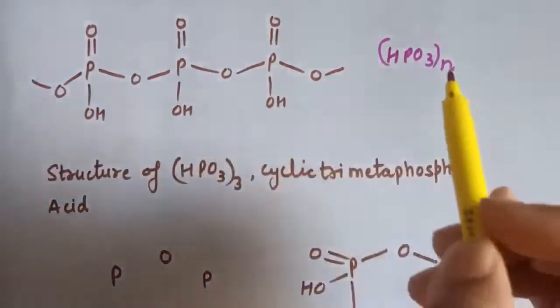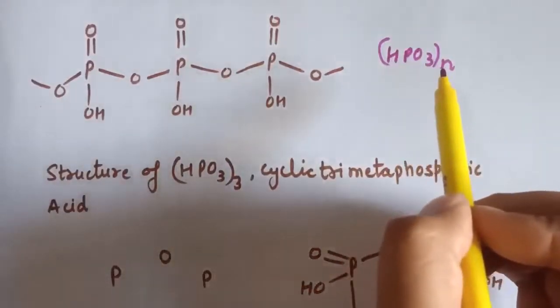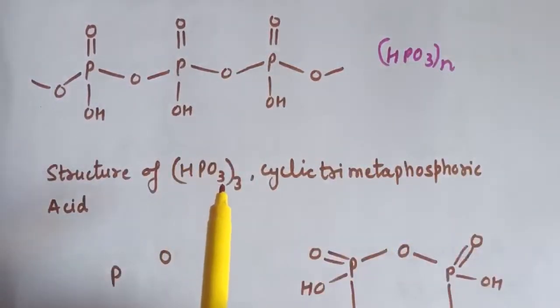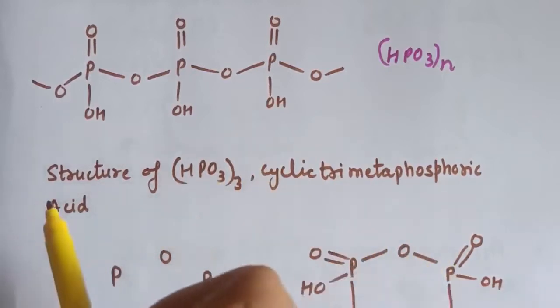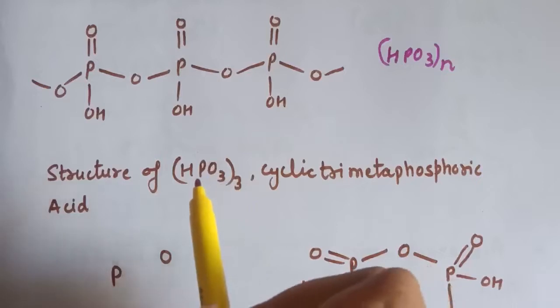Now if we want to draw the cyclic structure of (HPO3)n where n is 3, the formula comes out to be (HPO3)3, and the name is cyclic trimetaphosphoric acid. So how will we draw the structure of (HPO3)3?